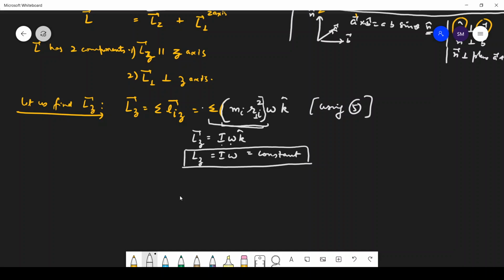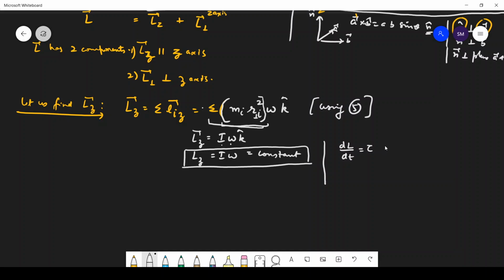If you look at it, what is the implication of L being constant? So when do we have L constant? You know the formula that dp by dt is equal to force, and dL by dt is your torque.